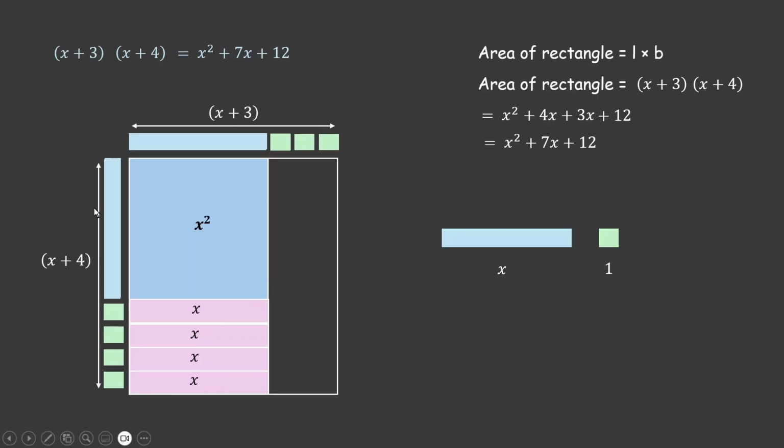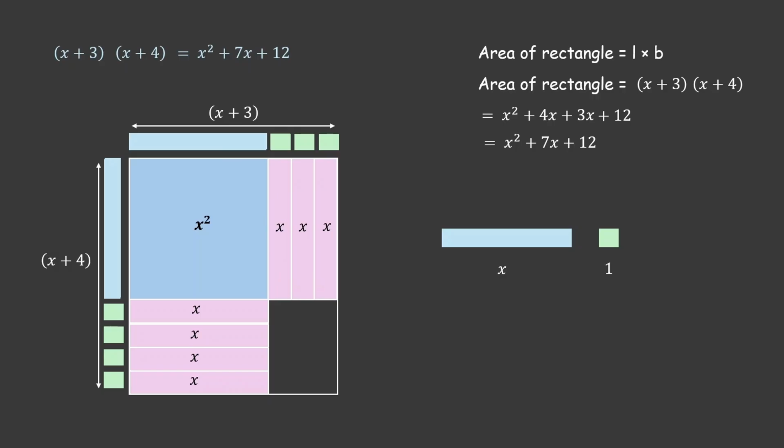Now over here, x into 1 is x. Then again, x into 1 is x, and once again x. Now, this is 1 and this is 1. 1 into 1, that's 1. So similarly, we have these ones. They are all multiplication of 1 into 1.